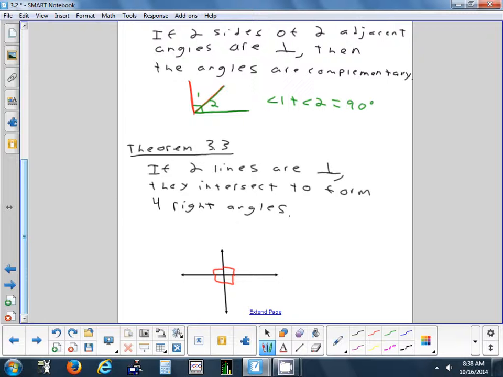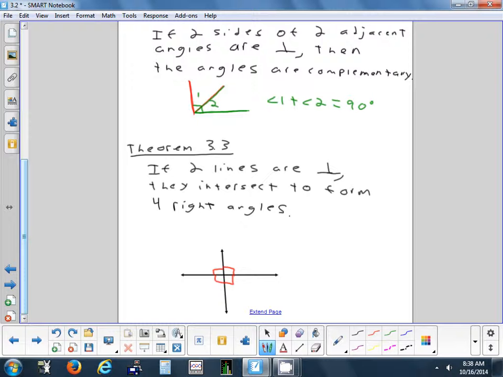Okay, if two lines are perpendicular, then they intersect to form four right angles. All that we know if two lines are perpendicular is that they intersect to form a right angle. We haven't proven yet that every other angle here is automatically a right angle. Okay, but in a few steps, talking about congruence, maybe vertical angles, you could show that. And we'll do part of it, at least you're part of it.